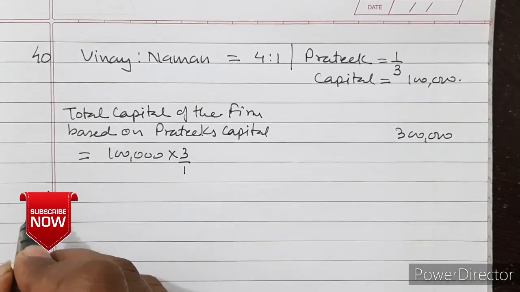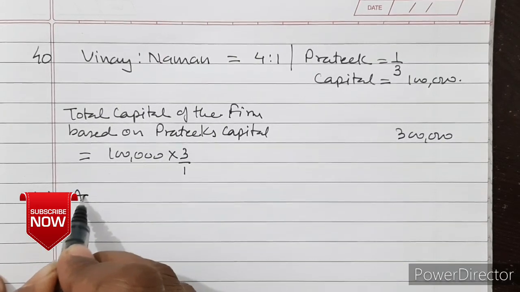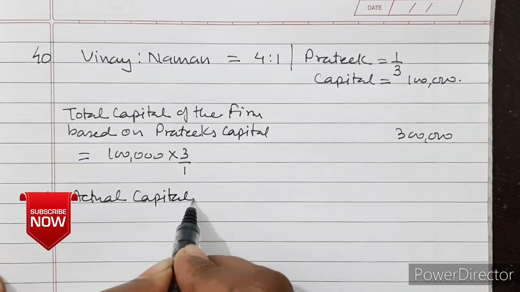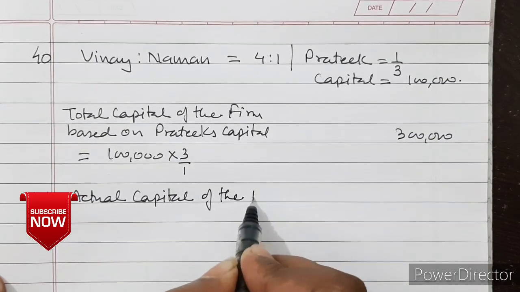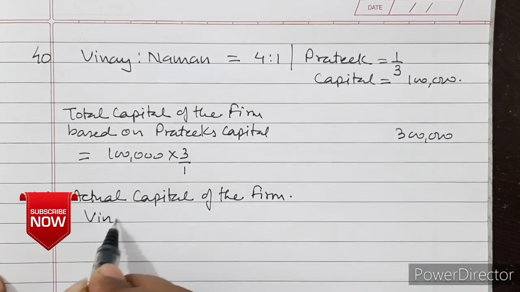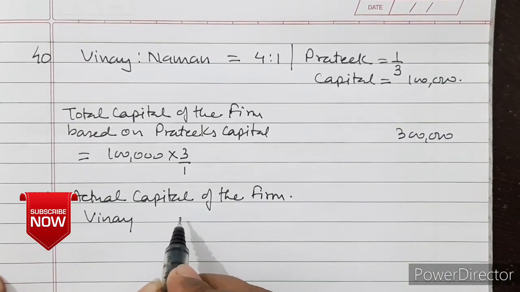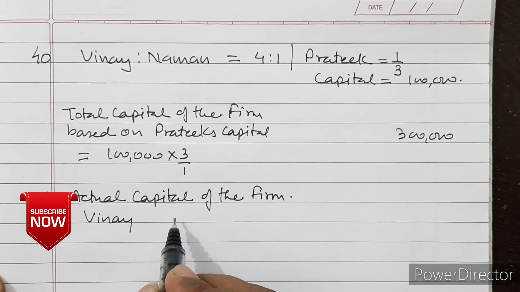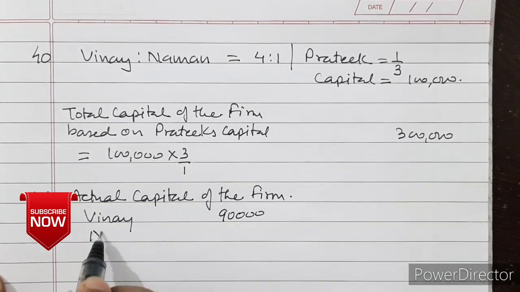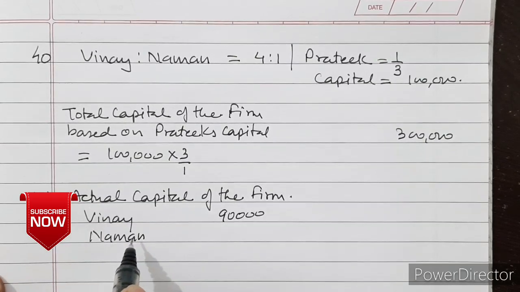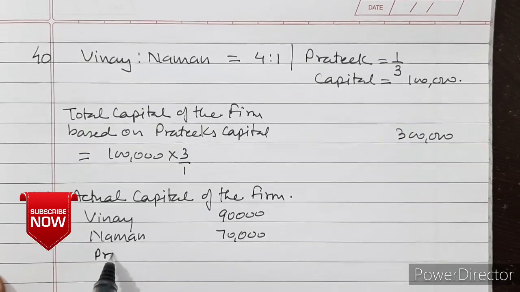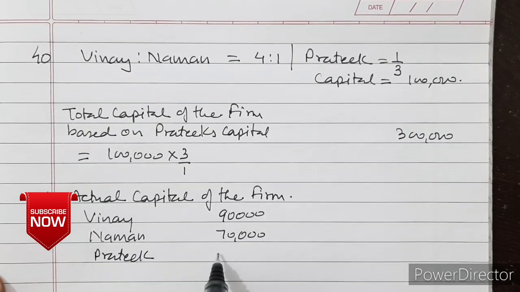Now we will compare this with actual capital of the firm, that is the capital of Vinay, which is 90,000, and Naman, which is 70,000, and also the new partner Pratik, which is 1 lakh.